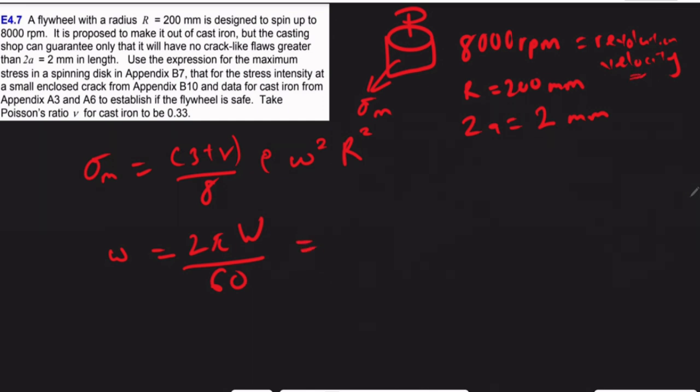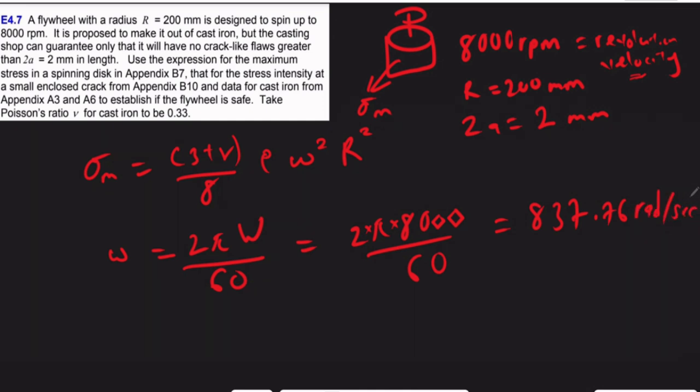So that is 2 pi times 8,000 divided by 60, which will give us 837.76 radian per second.